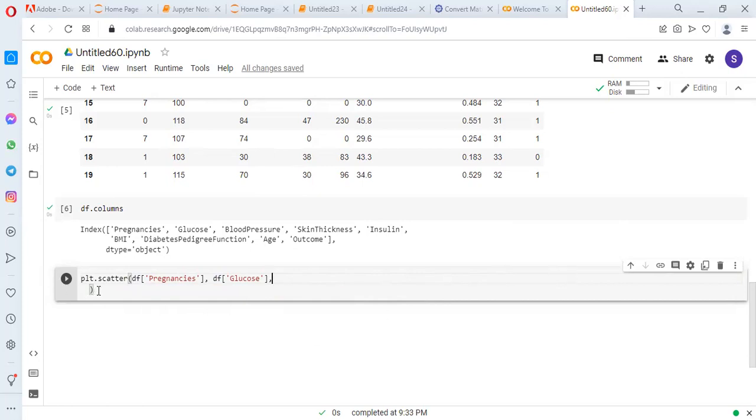Suppose I want to visualize only two columns, with data type equal to object.